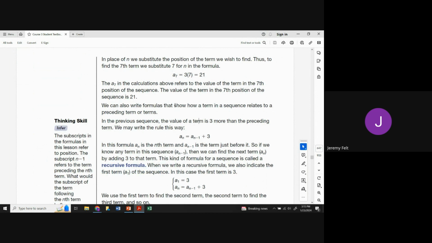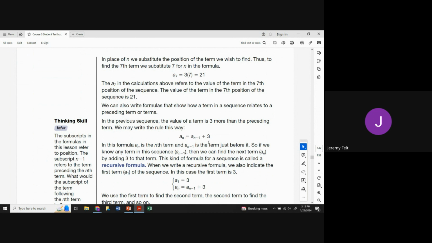We can also write formulas that show how a term in a sequence relates to the preceding term or terms. In the previous sequence, the value of each term is 3 more than the preceding term. We may write the rule this way, even though it's a little bit more complex: a of n equals a of n minus 1 plus 3. So if we're saying a of 2, we put in 2 minus 1, so a of 1, whatever that was, plus 3.